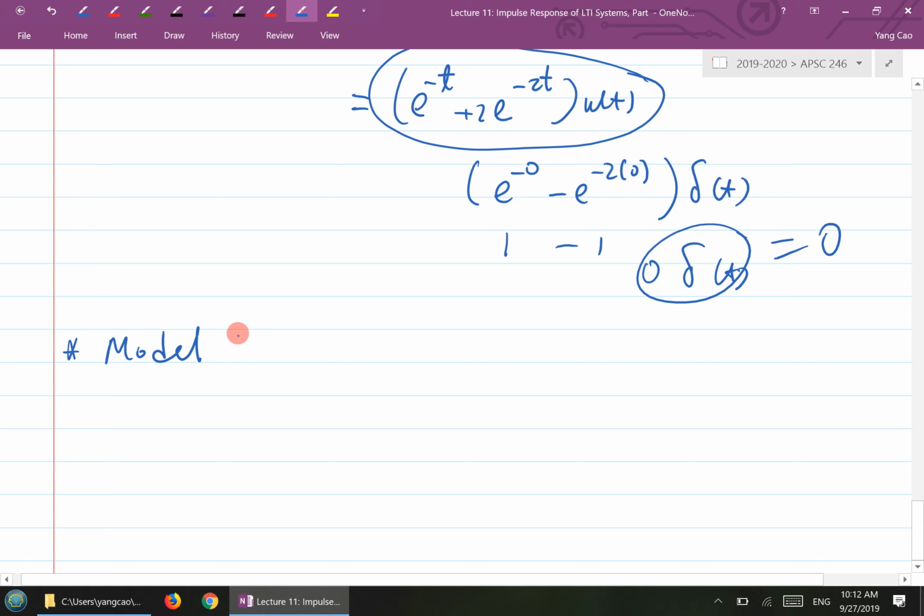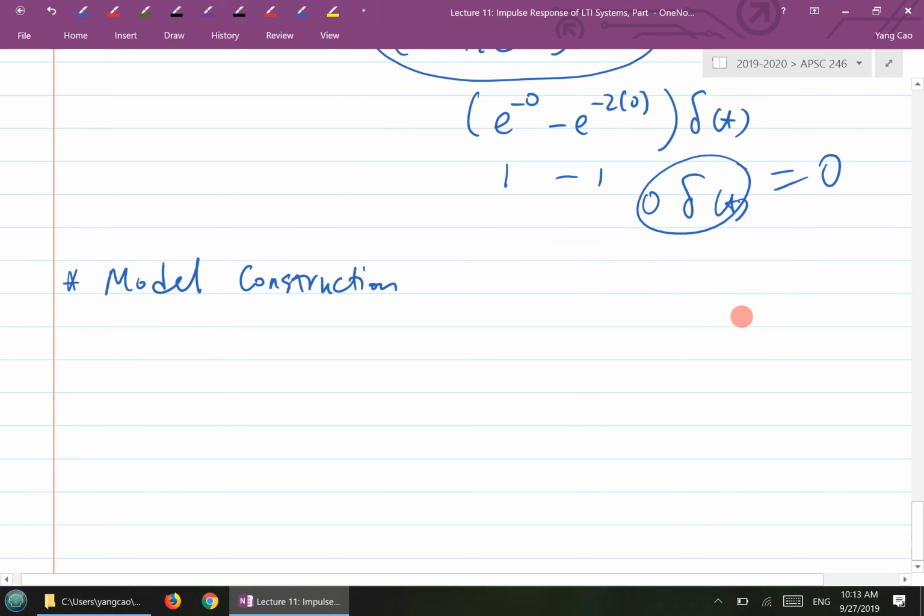So the first thing I have to do is, how do we construct a model? Instead of just giving you a differential equation, we will look at how that differential equation is derived from the actual physical model. We call this part model construction, or modeling.